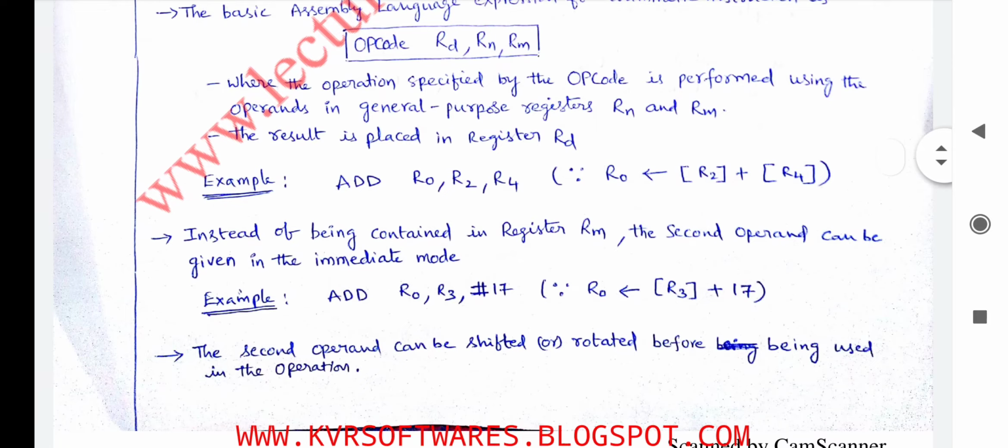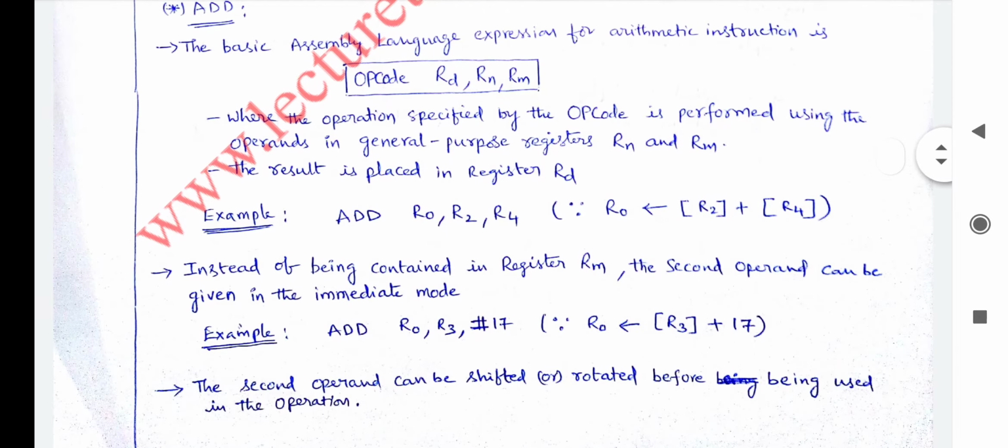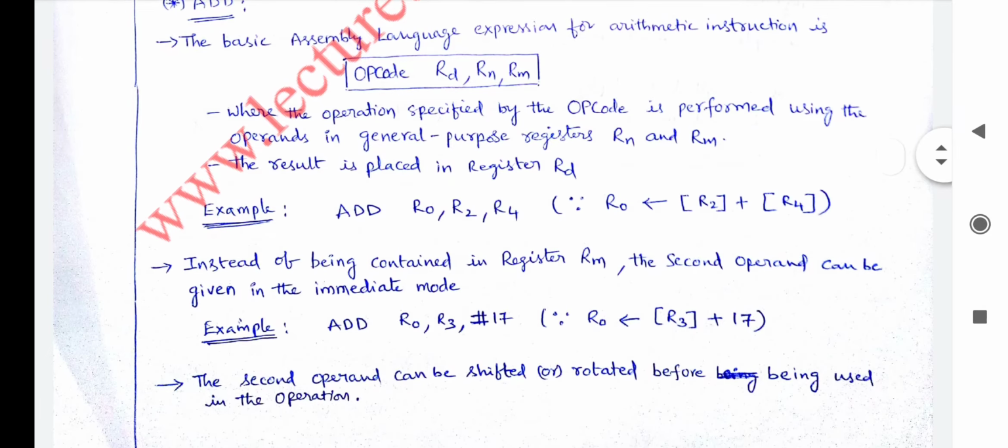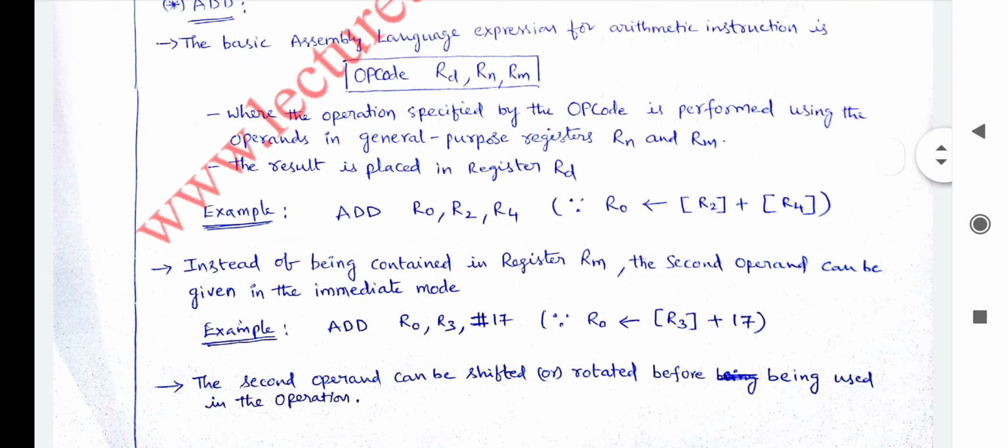Example: add R0, R2, R4. The meaning of this instruction is, we have to add the content of register R4 and the content of register R2, and the result is stored in the register R0. One more time: add R0, R2, R4.